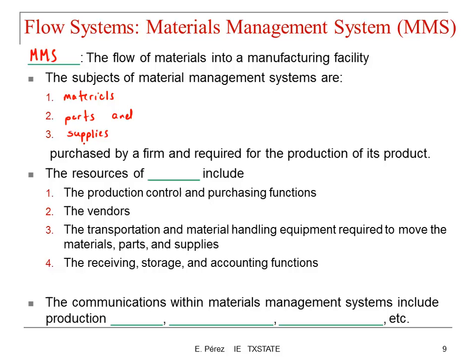Okay, so again, this is based on forecast. The resources of this materials management system include the production control and purchasing functions, the vendors, the transportation and material handling equipment required to move the materials, parts, and supplies, and the receiving, storage, and accounting functions.